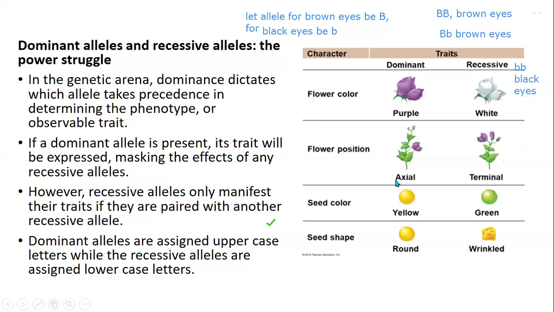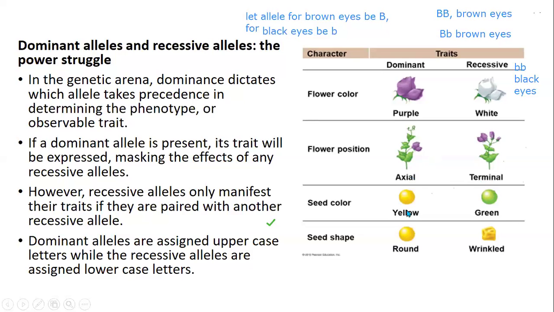Then for position, flowers may be positioned on the axil or axis. Others may be on the terminal end of the plant. Plants which have the axil allele for flower position tend to carry the dominant allele, and for them to show the flowers at the end, it means they are carrying two small letters, meaning that this allele is recessive.